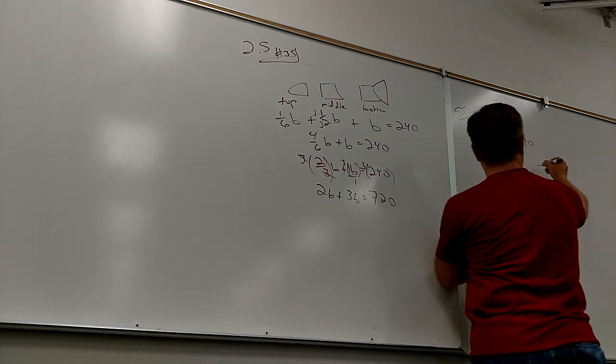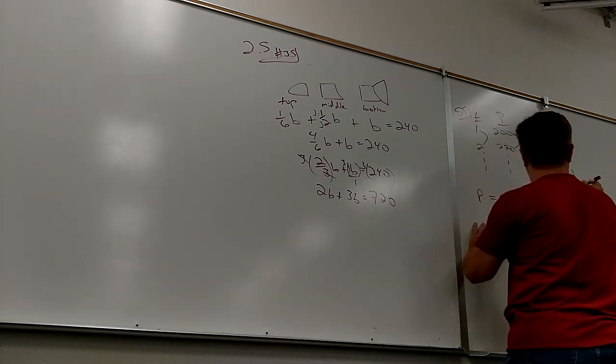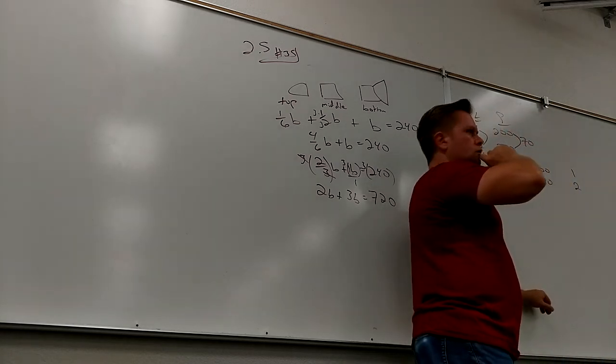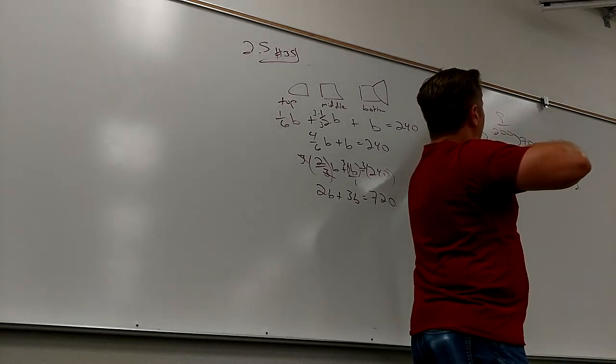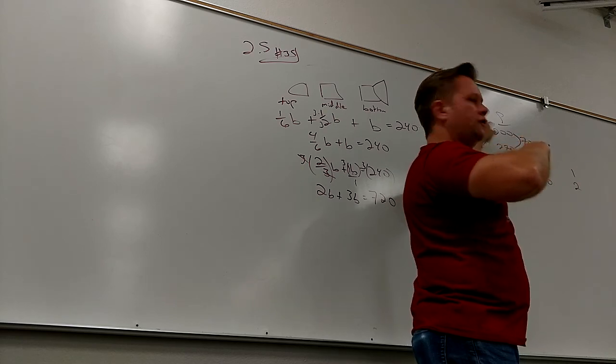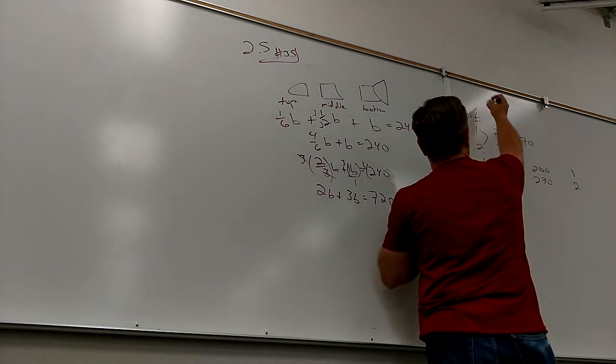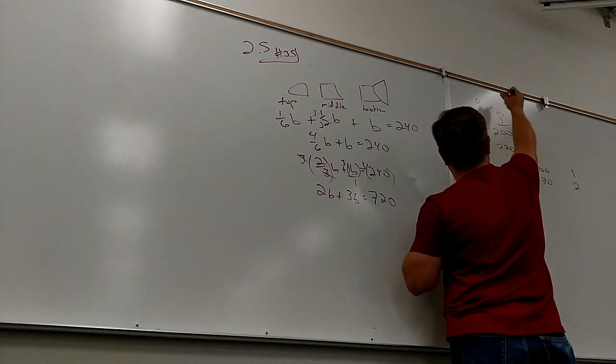So here, the points are 200 when the level is 1. Then they're 270 when the level is 2. So what would 0 be? Can you guys see what 0 would be? If you go up 70 this way, yeah, 0 would actually be 130.